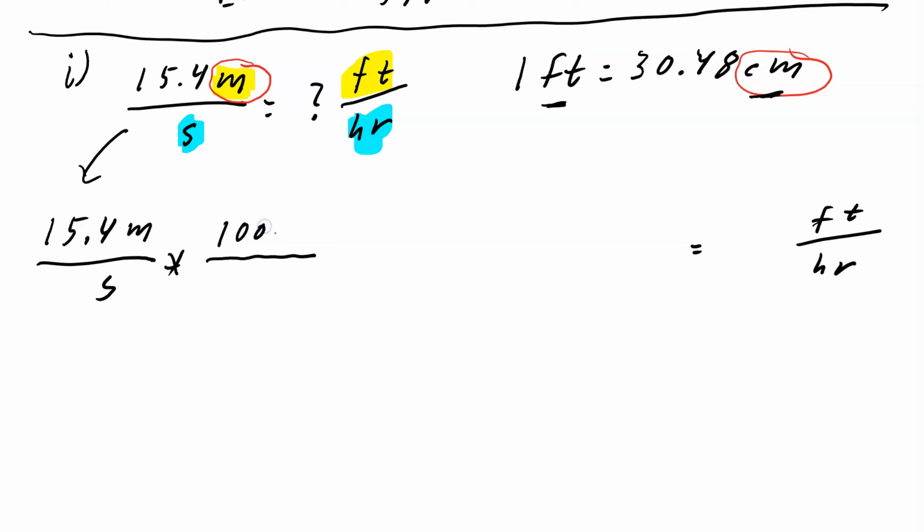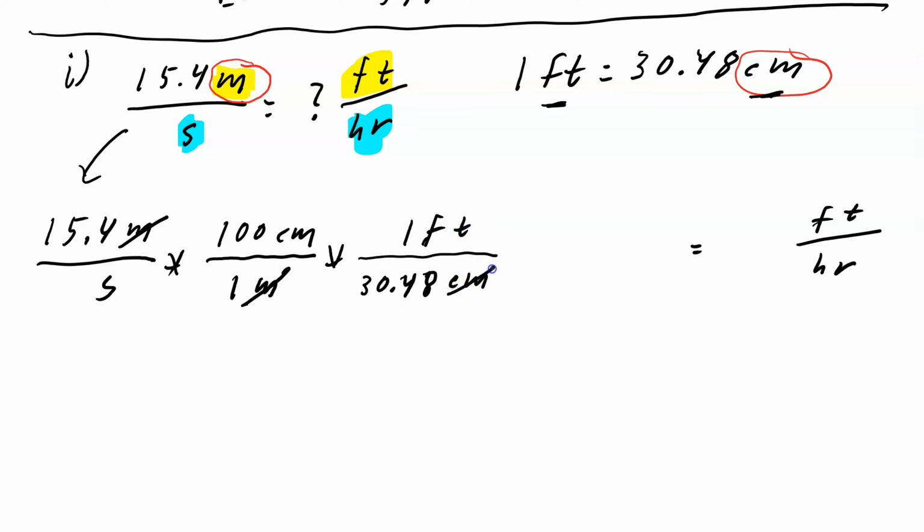So 100, you need to know that. 100 centimeters goes upstairs, 1 meter goes downstairs, because I need meters to cancel. I now have centimeters upstairs. That allows me to convert centimeters to feet using this conversion factor. I went centimeters downstairs, so I've got 30.48 centimeters downstairs, 1 foot upstairs. Centimeters cancel. Now, our units are what we want. I've got feet upstairs in my answer.